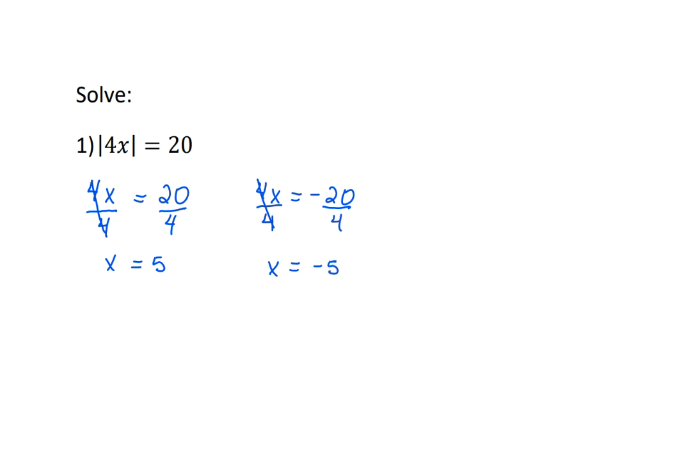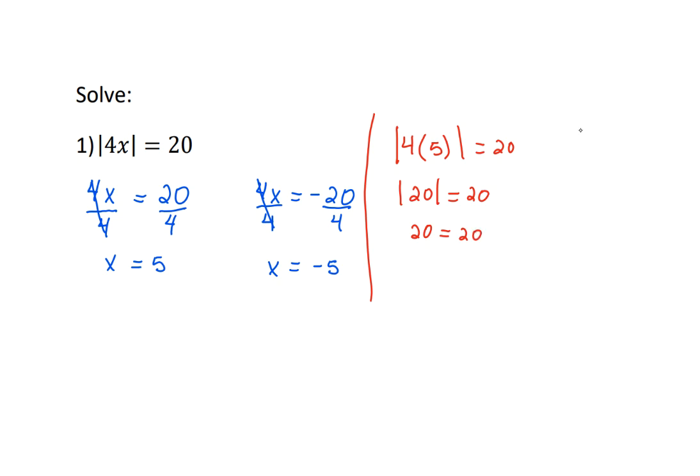Now, let's check our solutions to make sure they work. All I have to do is plug my solution set into the original absolute value equation. So that would be the absolute value of 4 times 5 equals 20. Okay, so 4 times 5 is 20. And the absolute value of 20, the distance that 20 is from 0 on the number line, is 20.